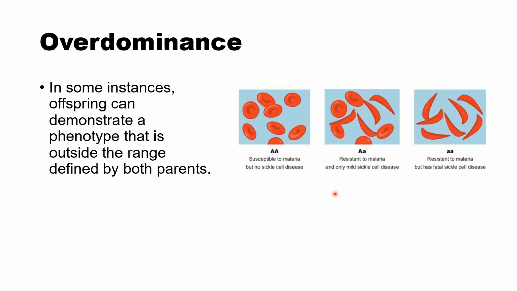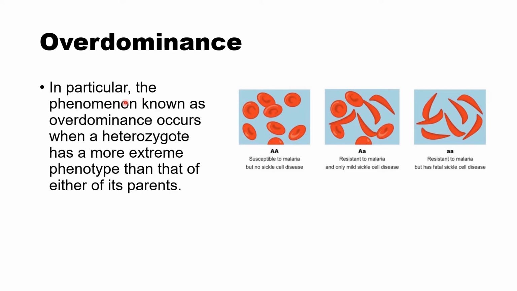Wala doon, hindi mo makikita kahit i-dilute mo man or kahit i-reduce mo man yung expression ng mga phenotype doon sa mga parent, hindi pa rin yun yung lalabas na phenotype ng offspring. So yun yung overdominance na tinatawag.